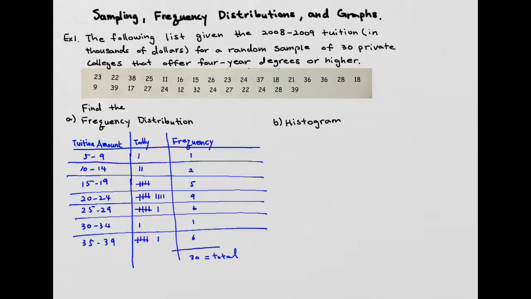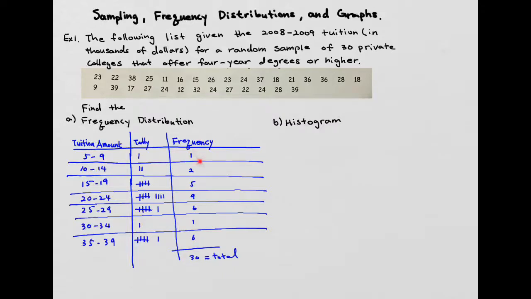Well, this one, right? Because we can tell, oh, we only have one at the lower value, 5,000 to 9,000. We have 6 schools whose tuition is over $35,000 to $39,000, right? But it looks more like a bell shape. The middle is higher and then it gets smaller, and this is maybe one of the exceptions.